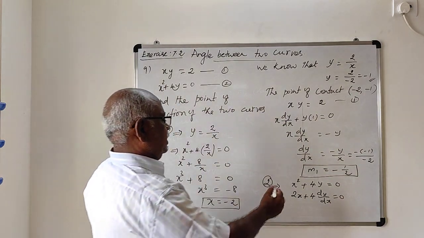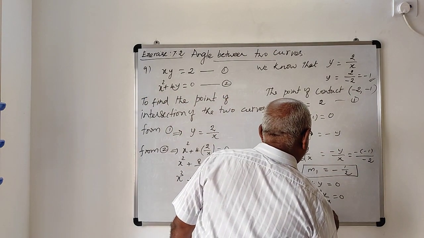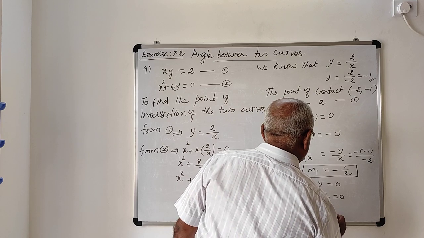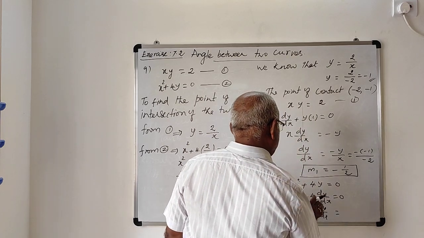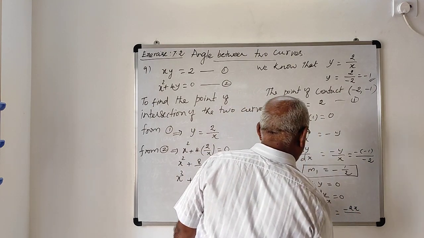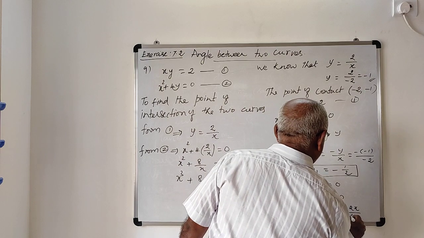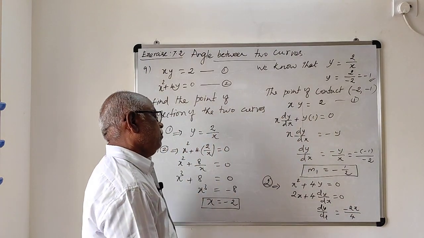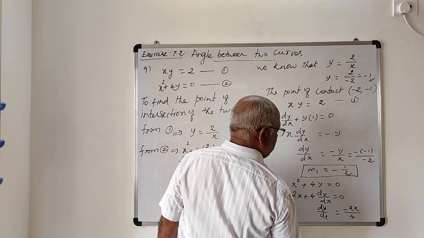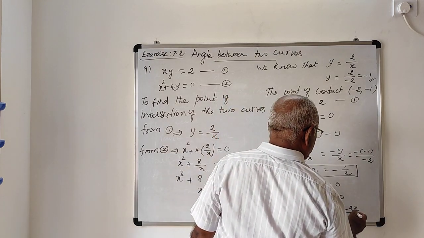So from this dy by dx is minus 2x by 4. This 2x, if you bring it to the right hand side, is minus 2x by 4. That is equal to minus x by 2.